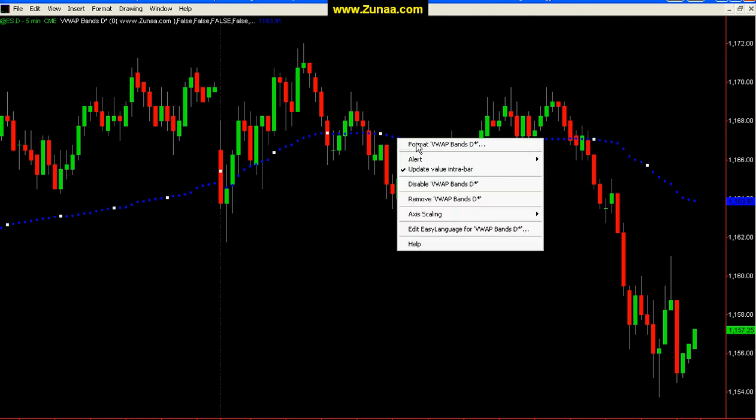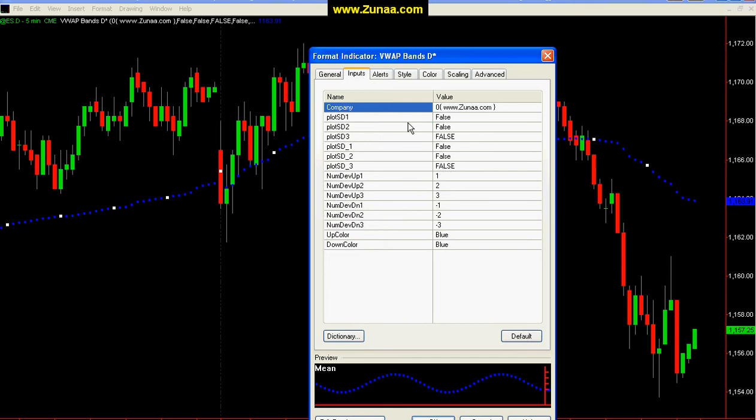Now this indicator also has bands that you could turn on or off. You have plot SD1, SD2, SD being short for standard deviations, and you also can control the input for the deviations if you want it to be one standard deviation or 0.5 standard deviations, or whatever you'd like.